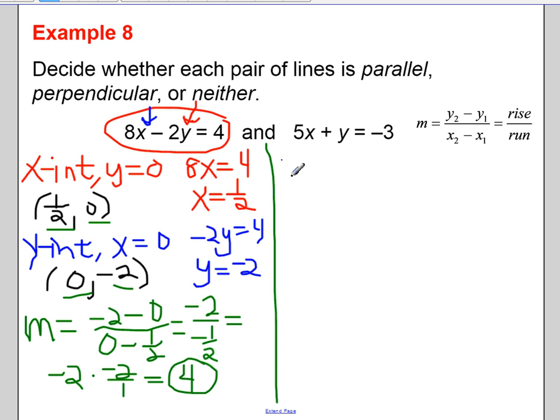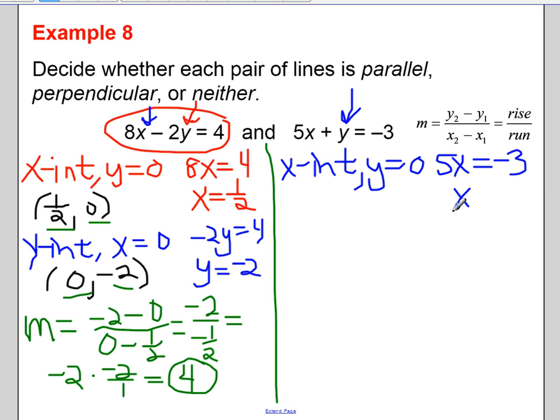Okay, to find the x-intercept here, you're going to let the y equal 0. Take this y, replace it with 0, and your resulting equation is 5x equals -3. And dividing both sides by 5, we get x equals -3/5.